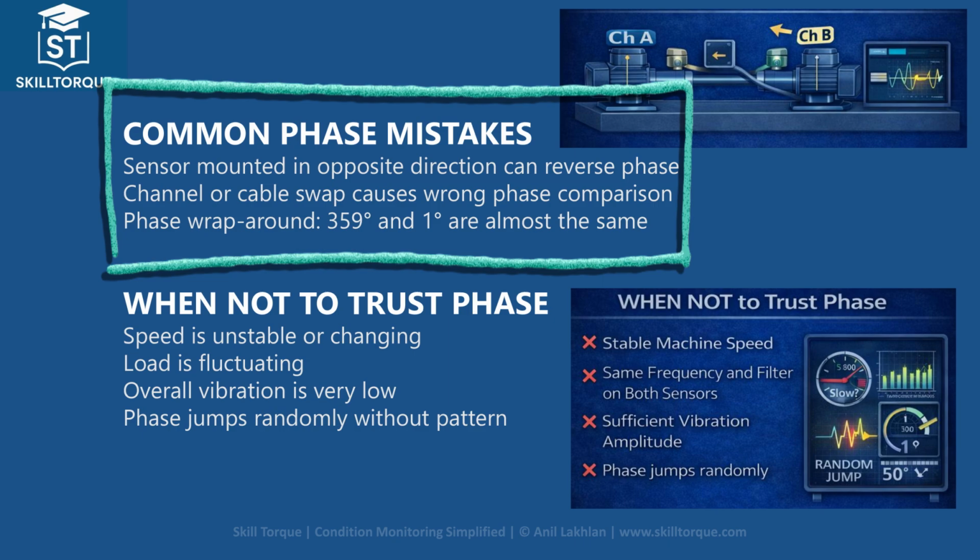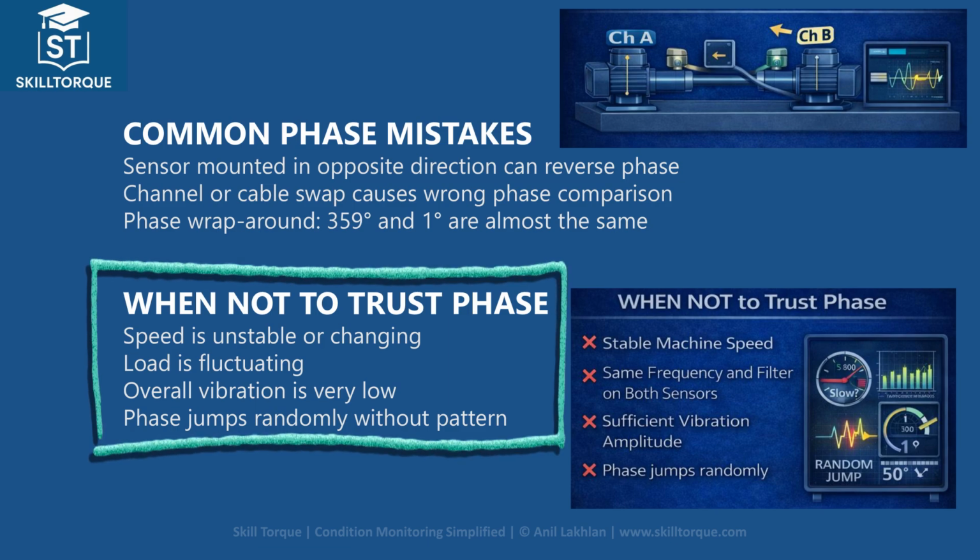So now we know that phase is very powerful, but not always reliable. Why is it not reliable? When should we not trust the phase? As we discussed a few minutes before, the speed, or the frequency, should always be the same.